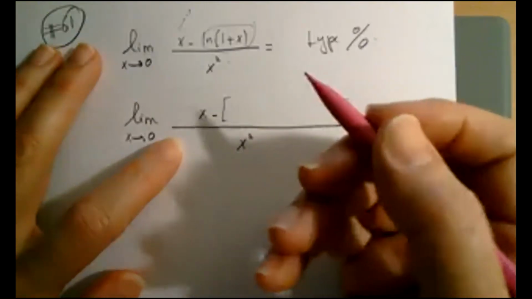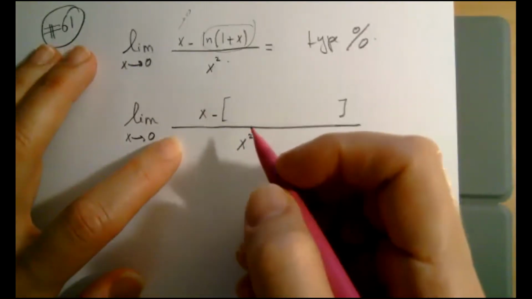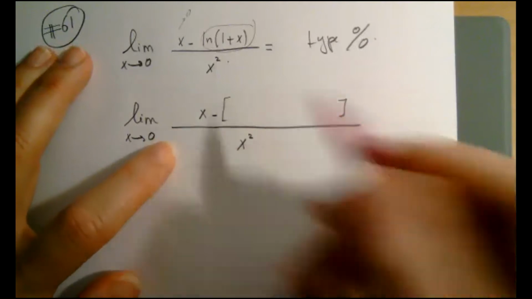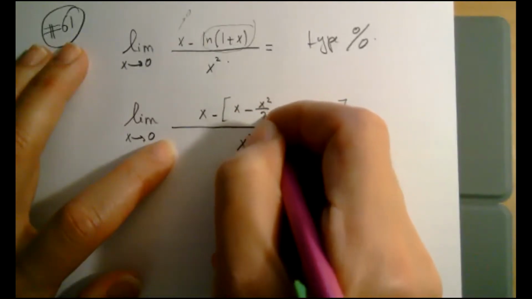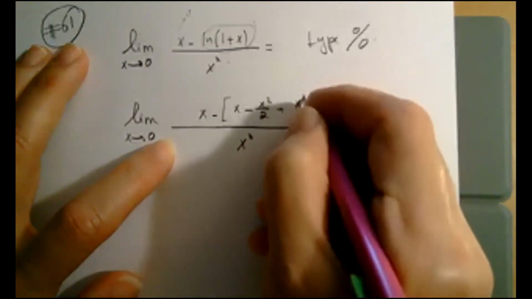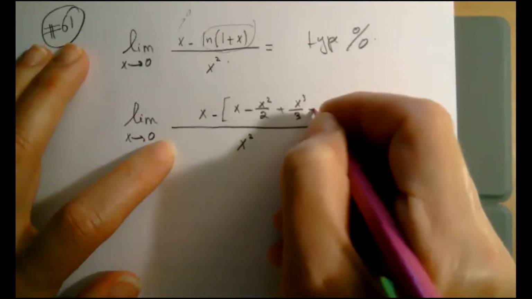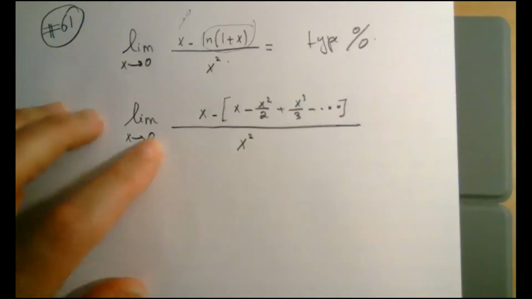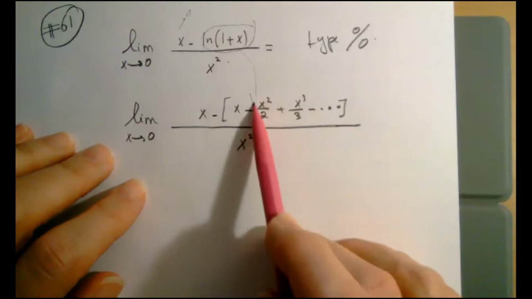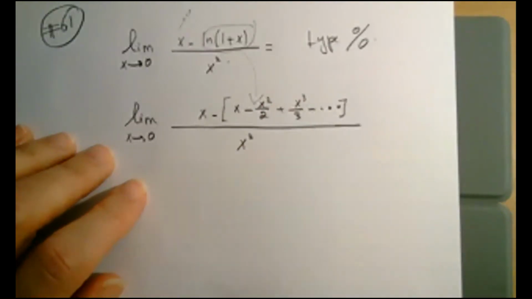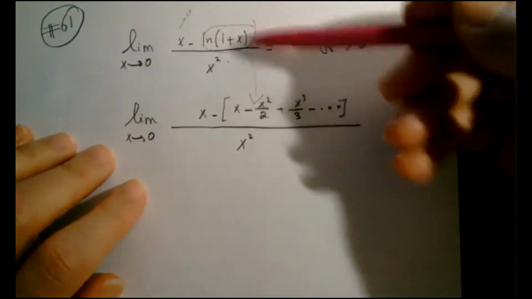I'm looking at the book, table 1. This is equal to x minus x squared over 2 plus x cubed over 3 minus and so on. Okay?